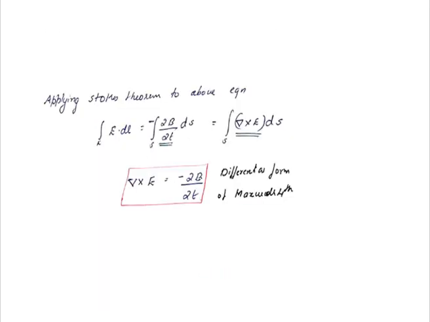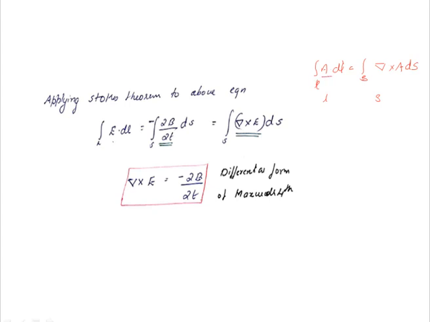This is the equation we obtained earlier: line integral of E dot dl equal to minus surface integral of dou B by dou t dot ds. But according to Stokes theorem, line integral of A dot dl will be equal to surface integral of del cross A dot ds. So line integral and surface integral are connected.